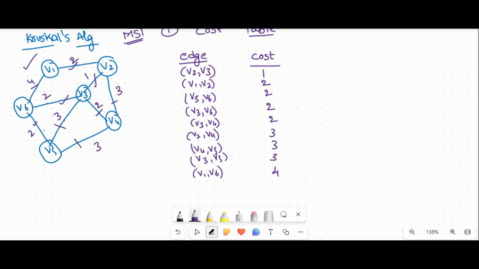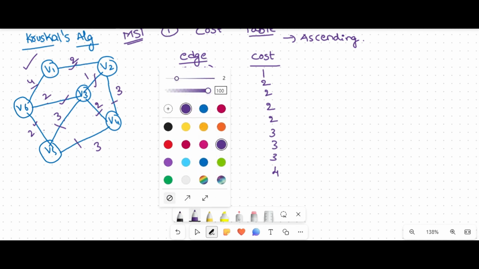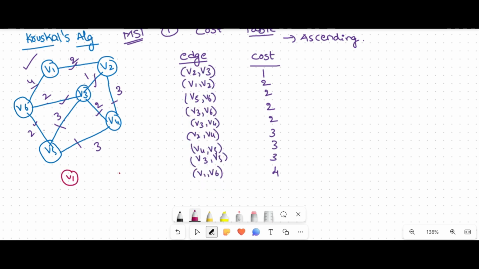After writing this edge cost table in ascending order of cost, now we will check one by one. We will represent a spanning tree. So in the spanning tree, first write all the vertices V1, V2, V3, V4, V5, V6.